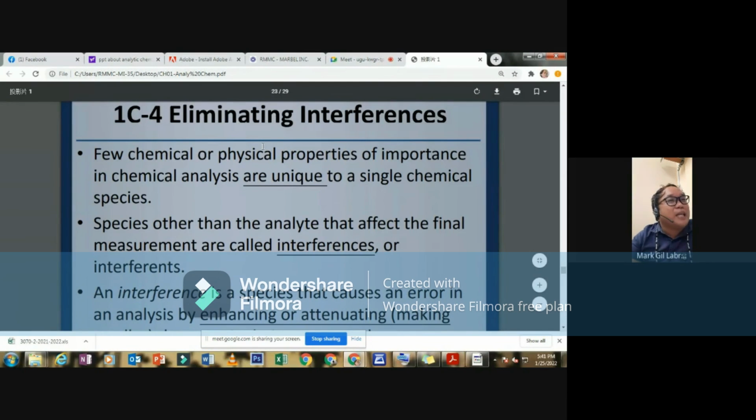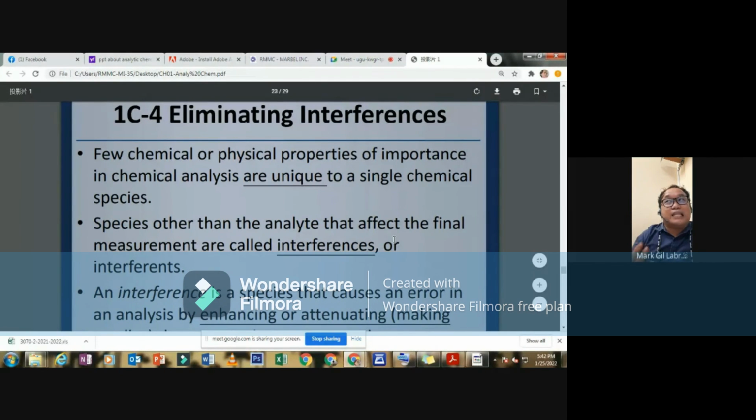Now, how to eliminate interference? So, few chemical or physical properties of importance in chemical analysis are unique to a single chemical species. So, species other than the analyte that affect the final measurement are called interferences. Meron talagang mga interferences yan. Meaning there are some few chemicals.